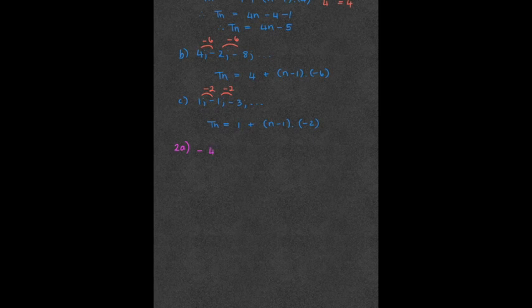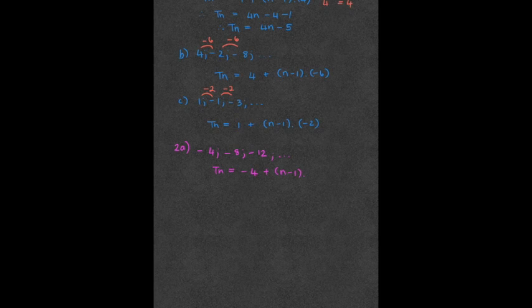Remember I said it's very important that we distinguish between when they are asking us to find n, the position, and when they are asking us to find Tn, the value. First of all, we have to determine the nth term before we can find the 38th term.